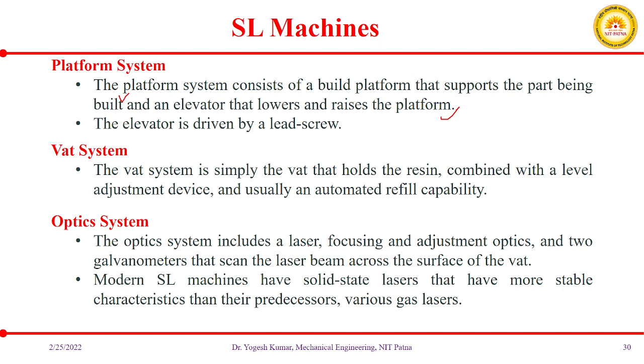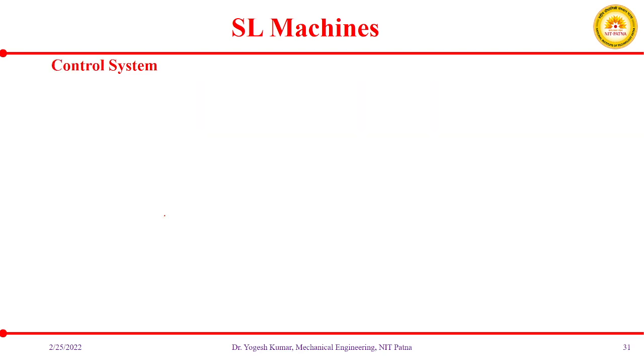The optics system includes laser focusing and adjustment optics and two galvanometers that scan the laser beam across the surface of the bed. Modern SL machines have a solid state laser that has more stable characteristics than their predecessors, the various gas lasers. Okay, so this is about your optic system.